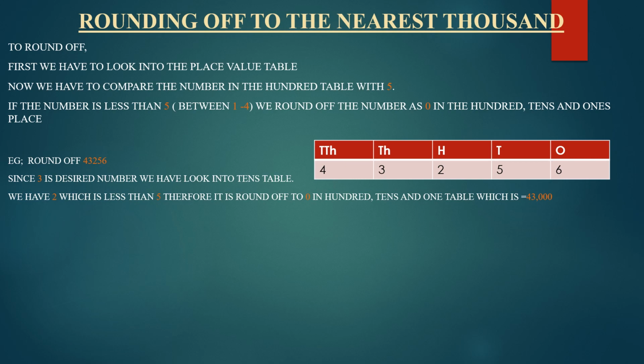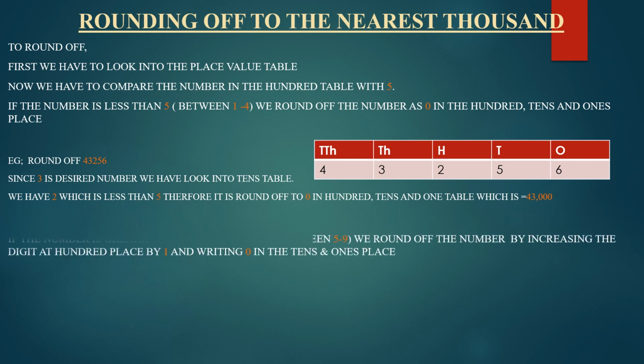Since 3 is the desired number and 2 is the digit next to the desired number, we have to compare it with 5. Since 2 is less than 5, we round off all the rest of the columns to zeros. So the result will be 43,000.